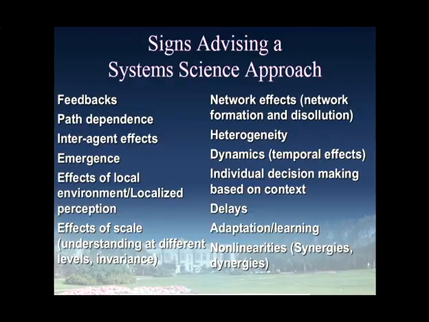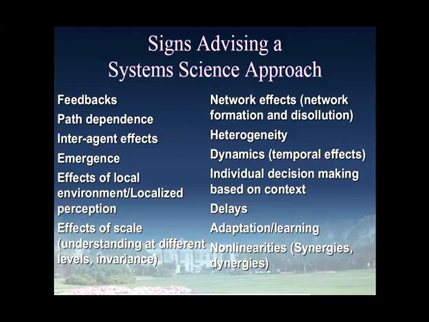Now, this is a slide that I'm going to be featuring through much of the day, much of the afternoon. These are features that if people see them in the problems they're struggling with, it points to the potential advantages of applying a system science approach.